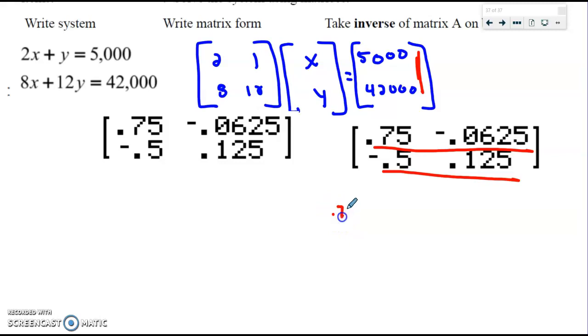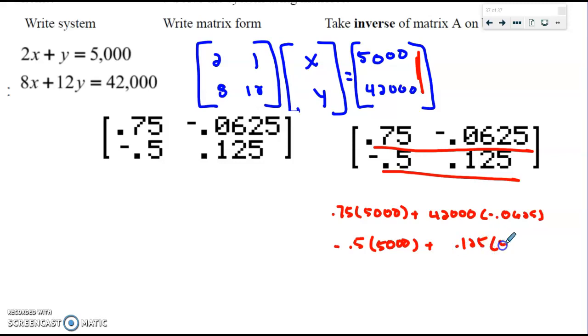So I have 0.75 times 5,000 plus 42,000 times negative 0.0625. And then I have negative 0.5 times 5,000 plus 0.125 times 42,000. And when I finish up, I get my coefficient matrix x, y.